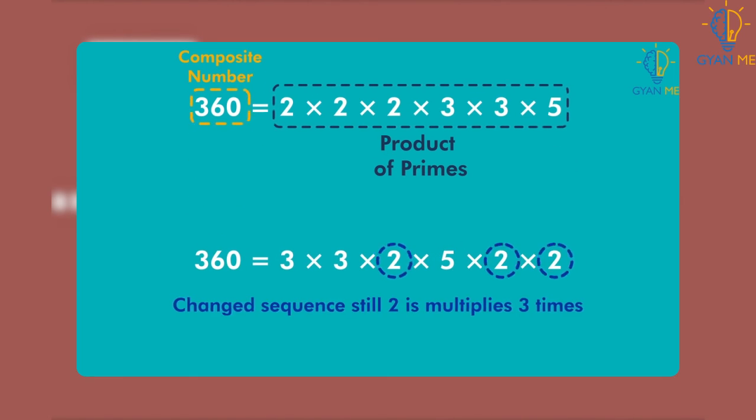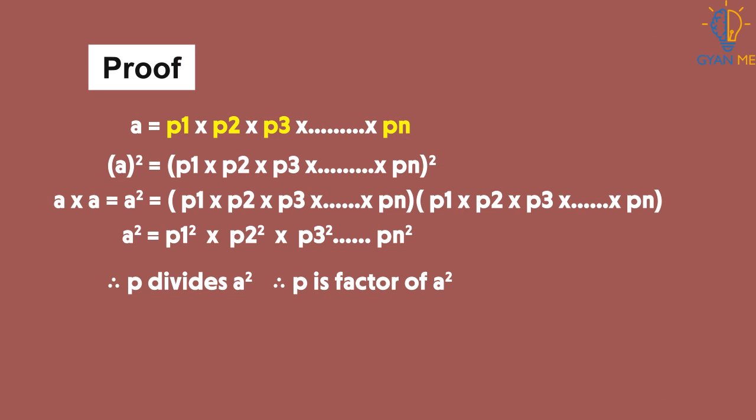Therefore, according to the fundamental theorem of arithmetic, p is one of the prime factors of a square, since it divides a square. Or we can say that p belongs to p1 square, p2 square and so on. Now, by uniqueness in the fundamental theorem of arithmetic, we can say that p1, p2, p3 and so on are the only prime factors of a square.